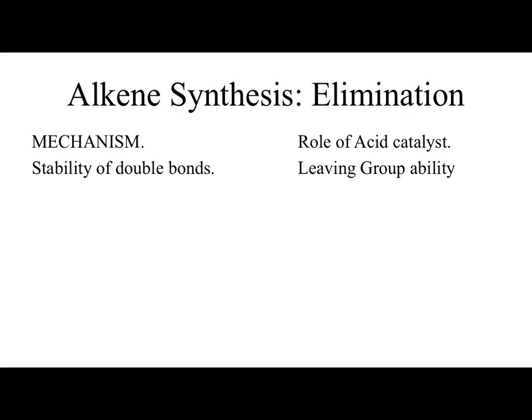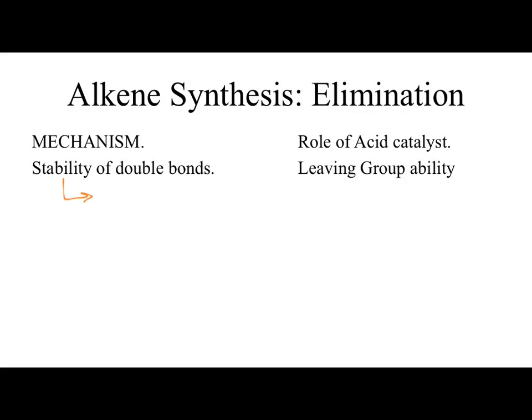So when we move to the alkene synthesis lab, this is ultimately an elimination reaction. You are responsible for the mechanism in this case as well. There were a couple other things that popped up in this. You get stability of the double bond. What makes a double bond more stable? Good call on resonance.